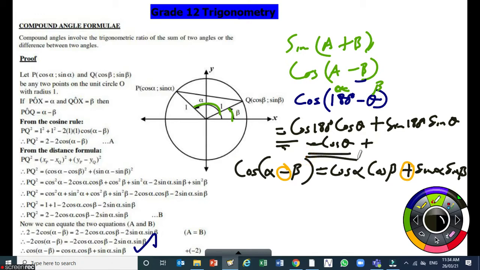If you remember last year when you were doing the reduction formula in grade 11, you were saying cos 180 minus theta is equal to minus what? Cos theta. So here I'm showing you that using this compound formula, you can determine the answer you used to get from last year. But last year you just memorized. You didn't have a better grasp of it.